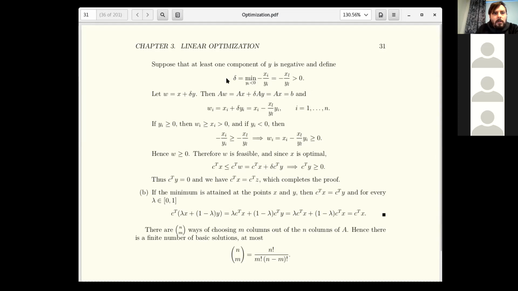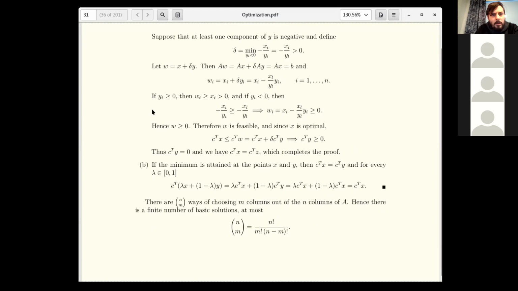Here's a trick. If one of the components of Y is negative, we can define it in the following way. This is a little bit of algebra where we go in the direction of Y by a factor of theta. So we choose the one that minimizes this coefficient here, and we can prove that each of these components is greater than or equal to 0.